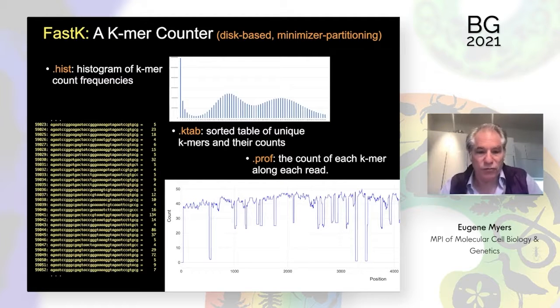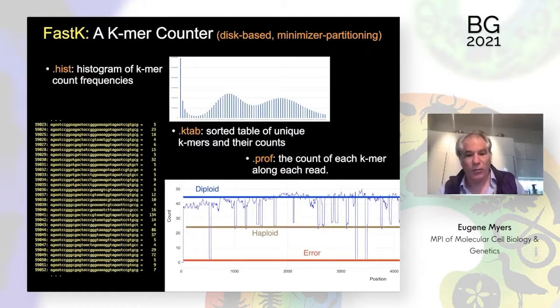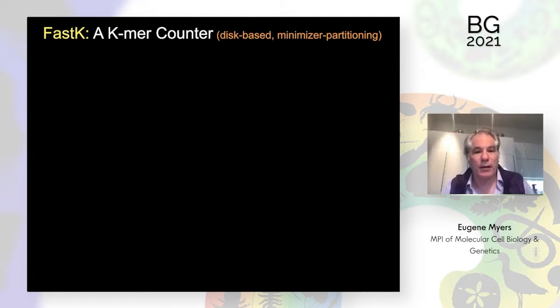A profile is not a new concept per se, but FastK is the first K-mer counter to efficiently produce profiles as an integrated component of its overall function. In the profile shown, one can clearly see the K-mers that are diploid or haploid in the underlying genome or errors in the read. And we'll talk about this a bit more later.